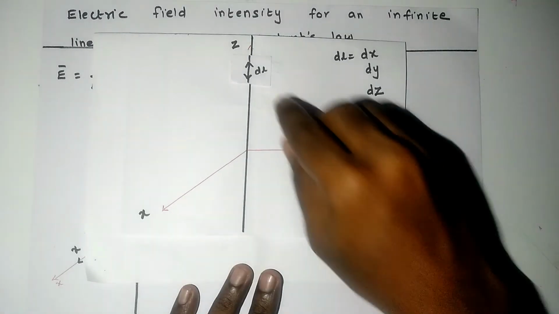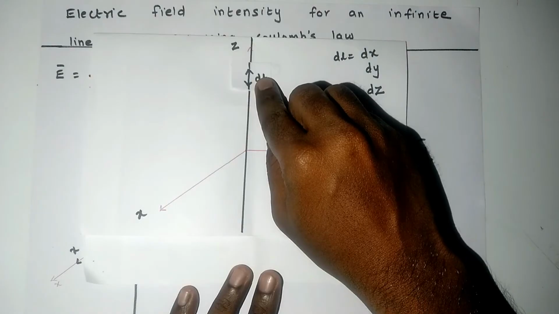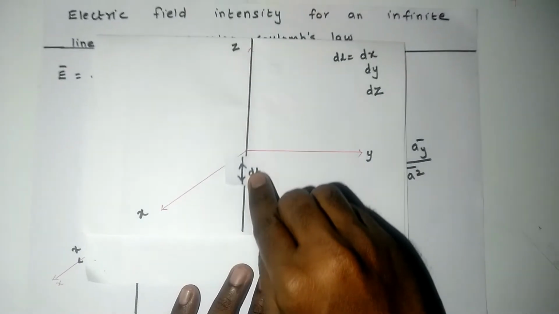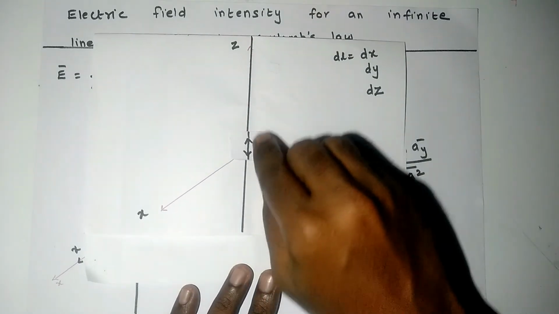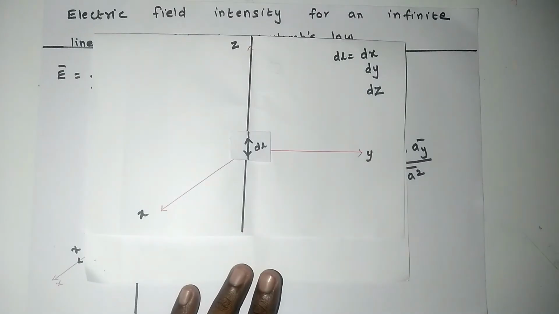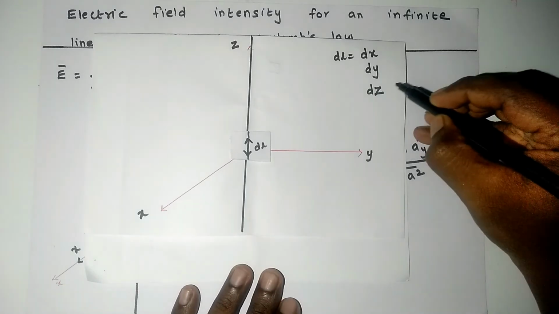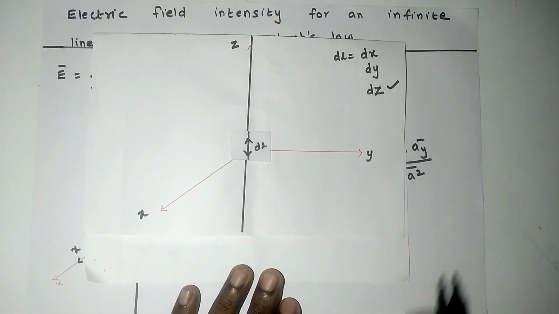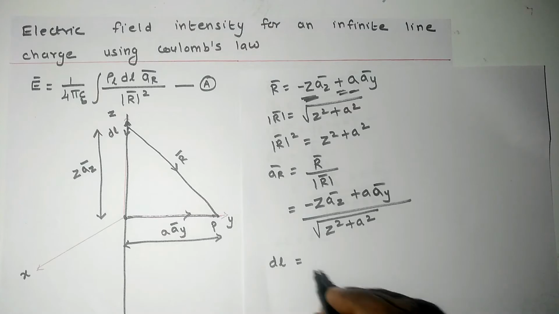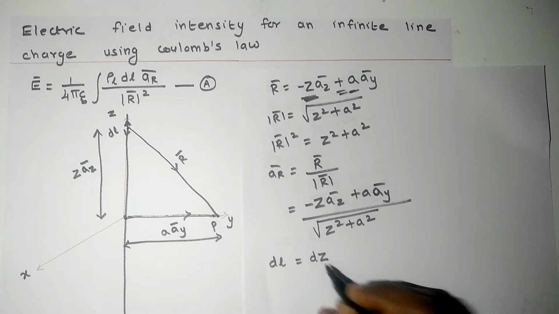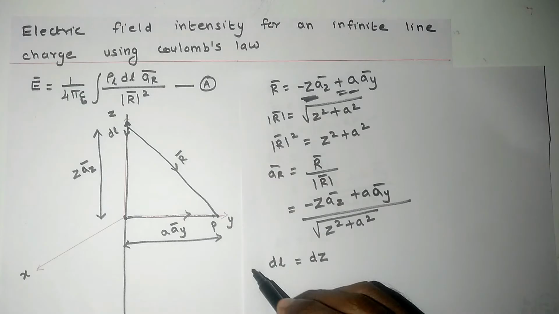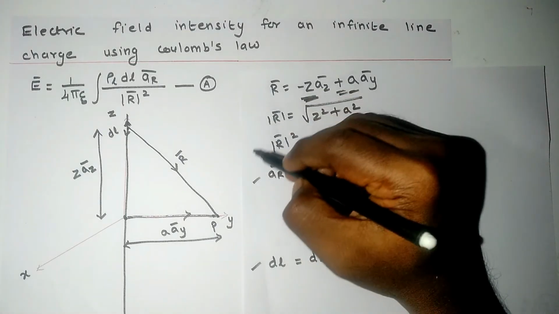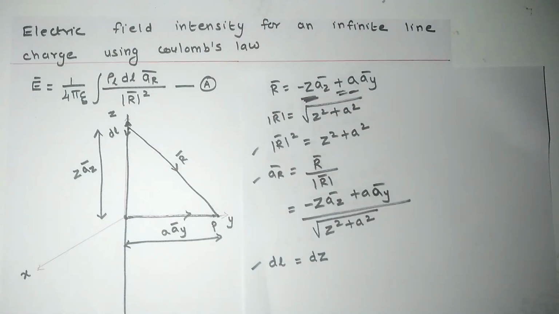And if we move this dl along this line, what happens is the value of z keeps on changing, but the value of x and y remains the same. Our choice will be dz for this problem. So the value of dl is dz. Now we shall substitute all these values in equation A.